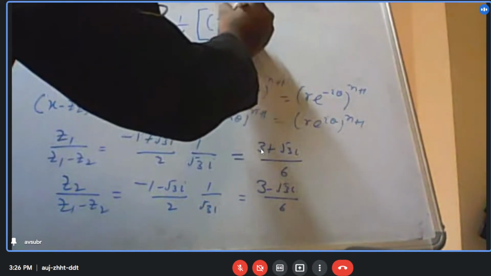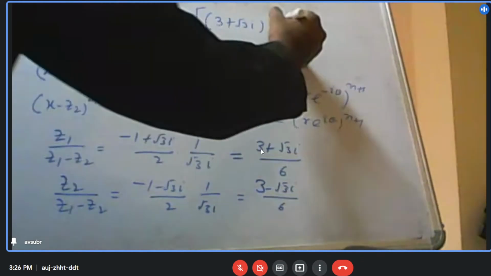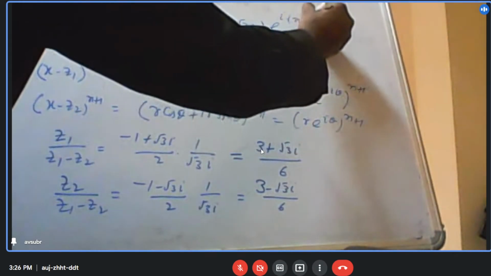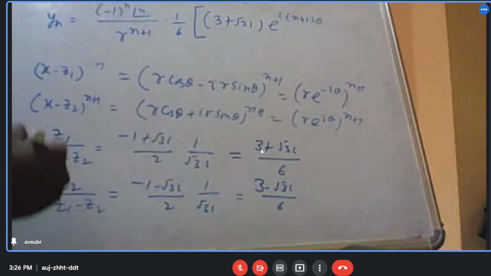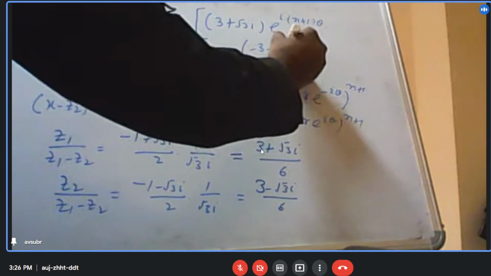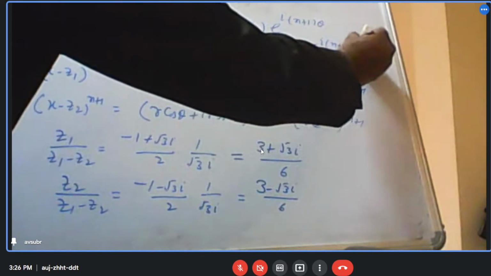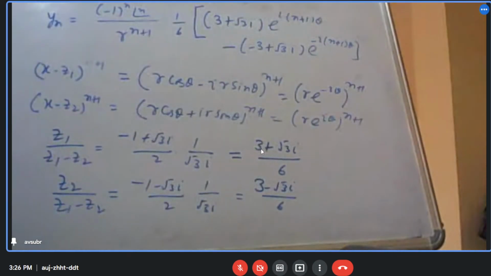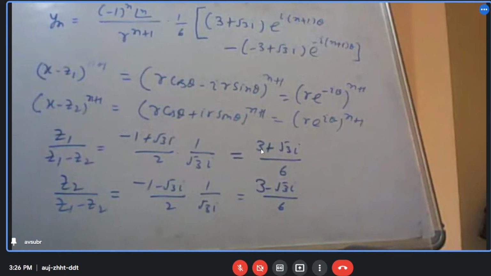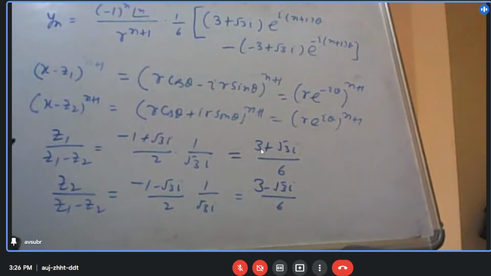So that will be 3 plus root 3 i e to the power i n plus 1 theta minus 3 plus root 3 i e to the power minus i n plus 1 theta. Okay, we can further solve it.